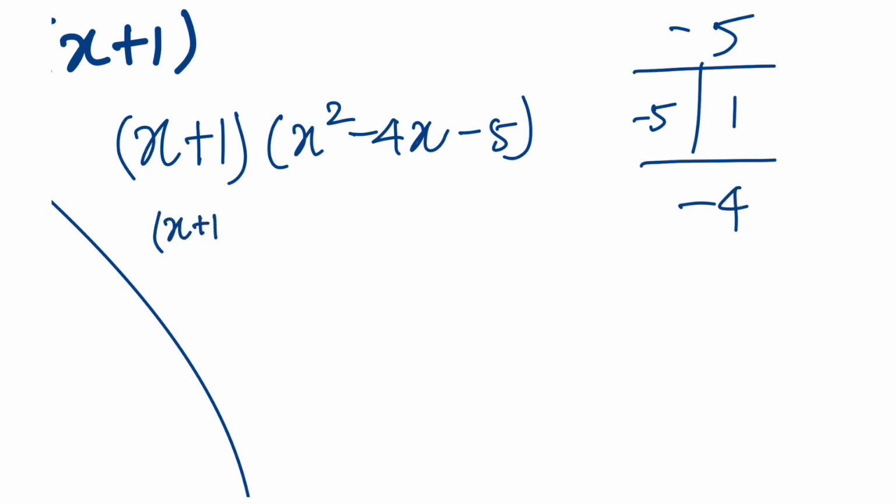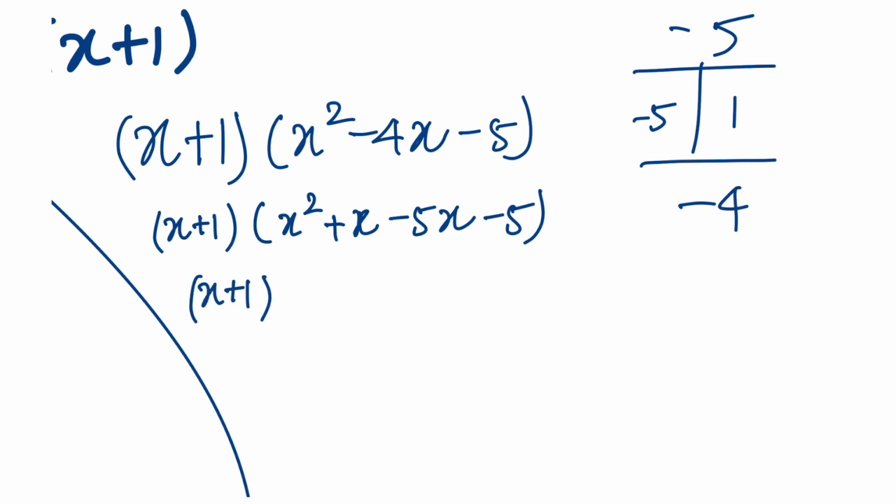So x plus 1 into x squared plus x minus 5x minus 5. Okay, I have written it in this form so that you can take the common factors out easily. So x plus 1 into, if you take x from the first two terms, that gives you x plus 1, and if you take minus 5 from the next two terms, that gives you x plus 1 as well.